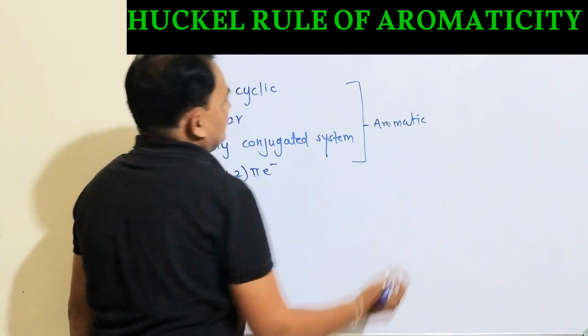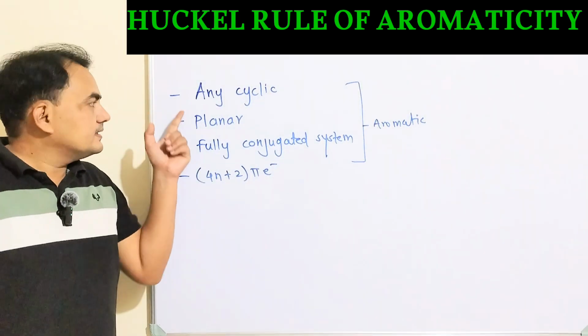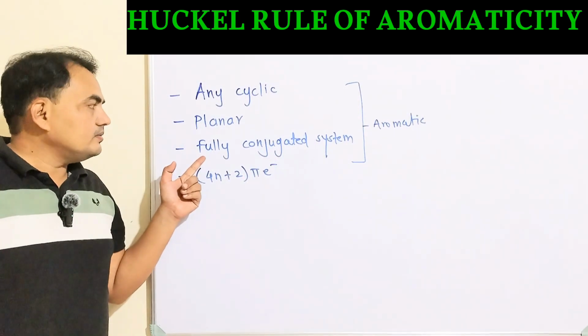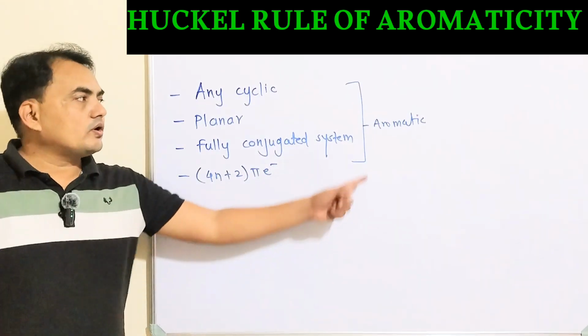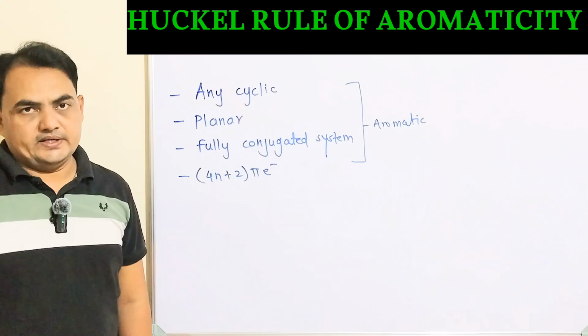So what is meant by Huckel rule? Any cyclic, planar and fully conjugated system containing 4n plus 2 pi electrons is said to be aromatic.